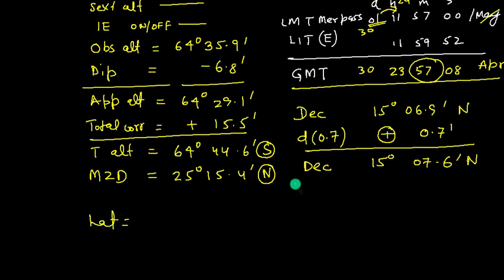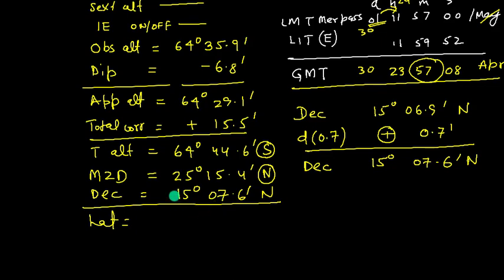Declination is 15 degrees 07.6 minutes north. So, to sum up, we get the value as 23 north, and this becomes 40 degrees. That is the observed latitude.